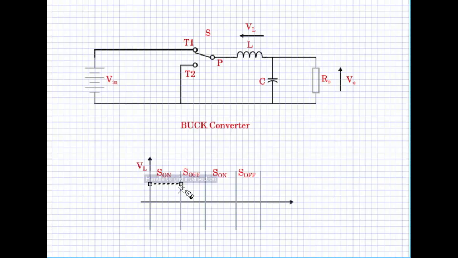And when the switch turns off, the pole P is connected to the throw T2 and the pole voltage is 0, and the voltage across the inductor is now 0 minus V naught, which means that the voltage goes negative.